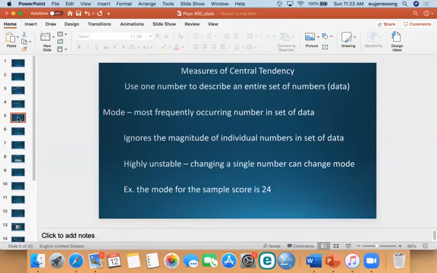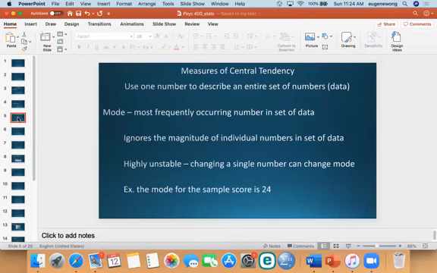The second thing to keep in mind is that the mode can be incredibly unstable. In other words, if I change just one number in the set of numbers, I could change the mode. And so in that sense, in using this one number to describe a set of data, it's not necessarily the greatest way of describing a set of numbers.